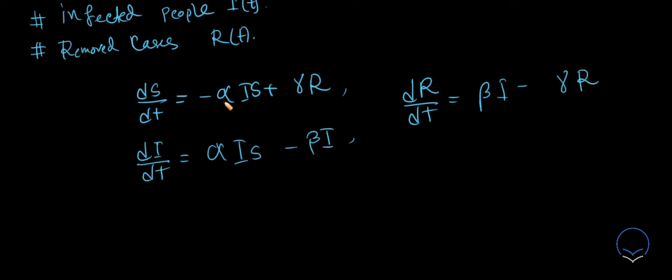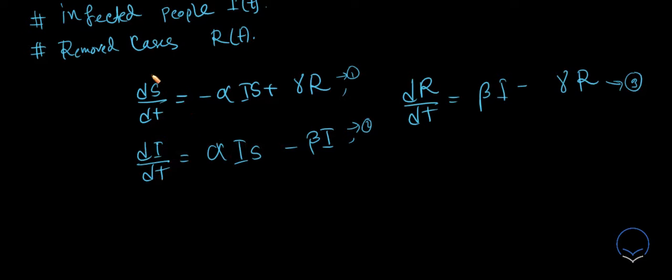Now this is an example of a coupled first order differential equation. Why are they coupled? Let's call this equation ds by dt equation number 1, the next equation number 2, and the last equation number 3. All of these contain some variable which is a function of time t, the independent variable, and there is another equation for that as well.